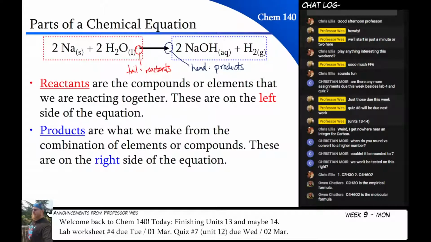So in this reaction, I would react 2 sodium atoms and 2 water molecules. And the output would be 2 sodium hydroxide molecules and a hydrogen molecule. All right, so that's reactants and products.